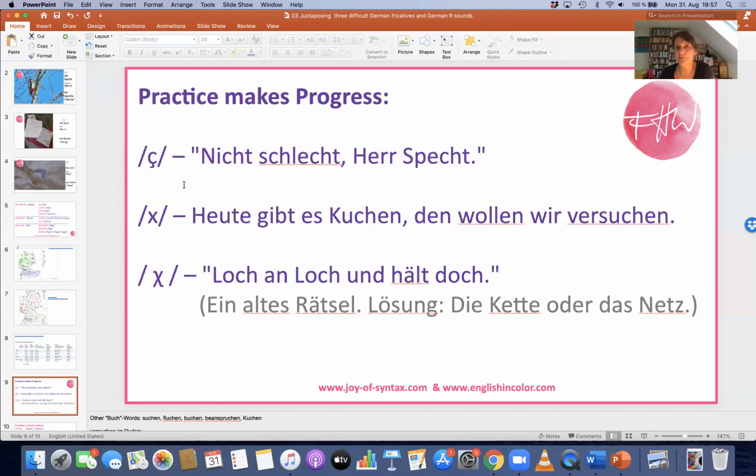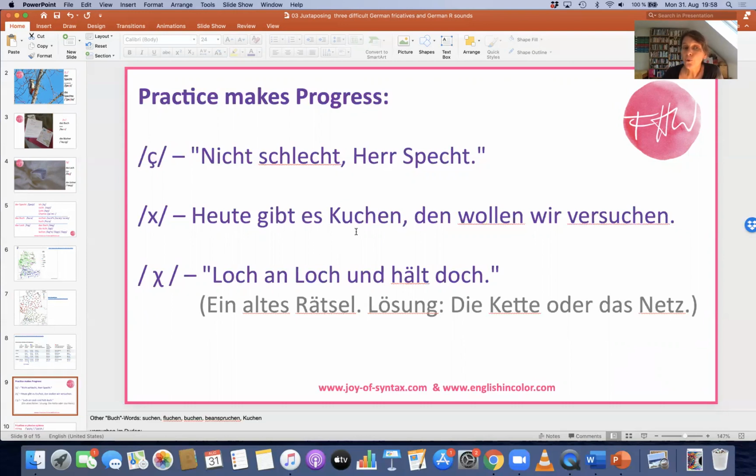So it's a bit more toned down. I actually love the exuberant American way, but anyway, nicht schlecht, Herr Specht. And remember the R, I don't pronounce the R in Herr. Herr, I have a deep schwa there. Nicht schlecht, Herr Specht.